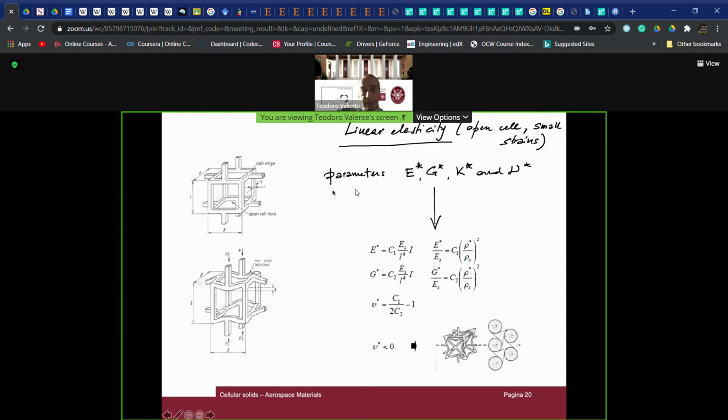The basic parameters which can be used to describe the behavior of the single cell in linear elasticity are the Young modulus of the cellular solid, the shear modulus of the cellular solid, the bulk modulus of the cellular solid, which can be identified as the Young modulus when a homogeneous distribution of the cells is present inside the material, and the Poisson coefficient.